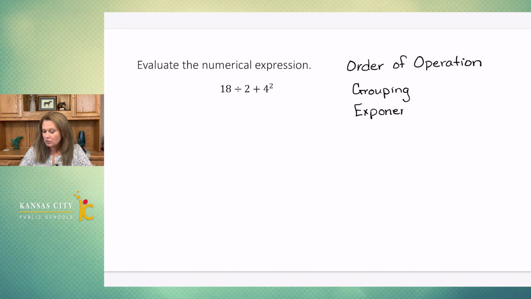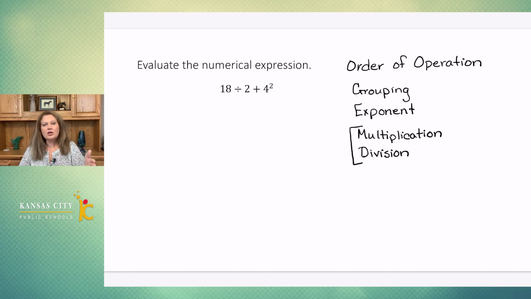We're then going to work with exponents. And then remember multiplication and you need to do division at that same time. Now, what I find most students forget is multiplication and division are opposites, so you need to do them in the same step.